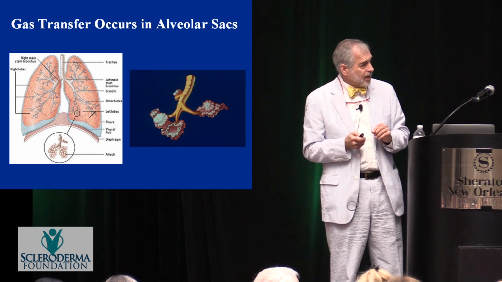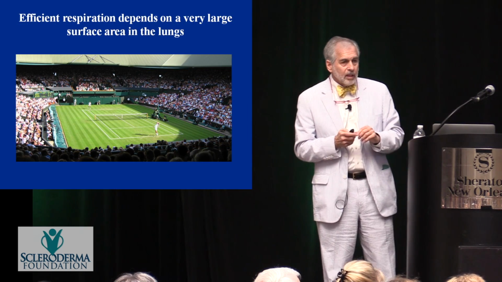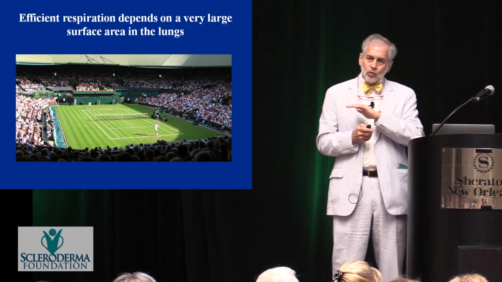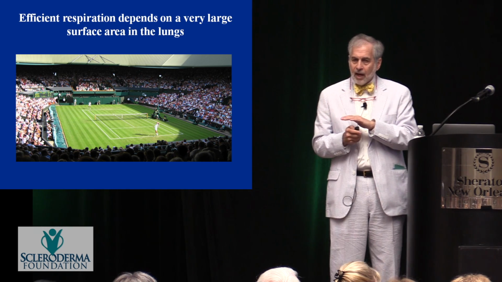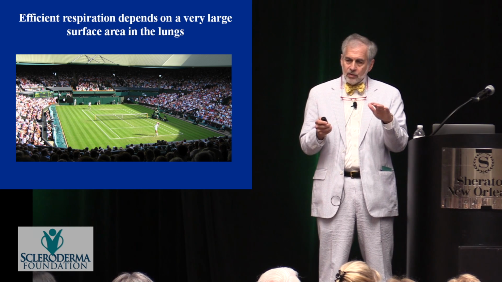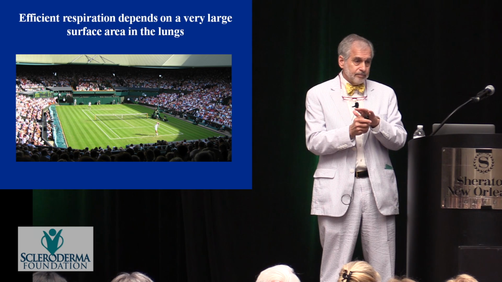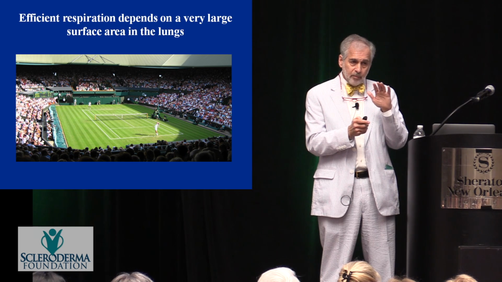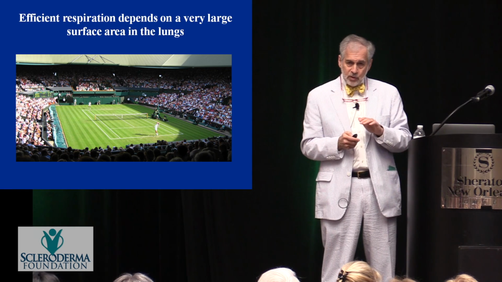That's another diagram there. Let's see. Yep. So normal respiration depends on a very high surface volume. We're talking about the surface volume of air and blood. So oxygen has to go from the air into the blood, and carbon dioxide has to go in the opposite direction.